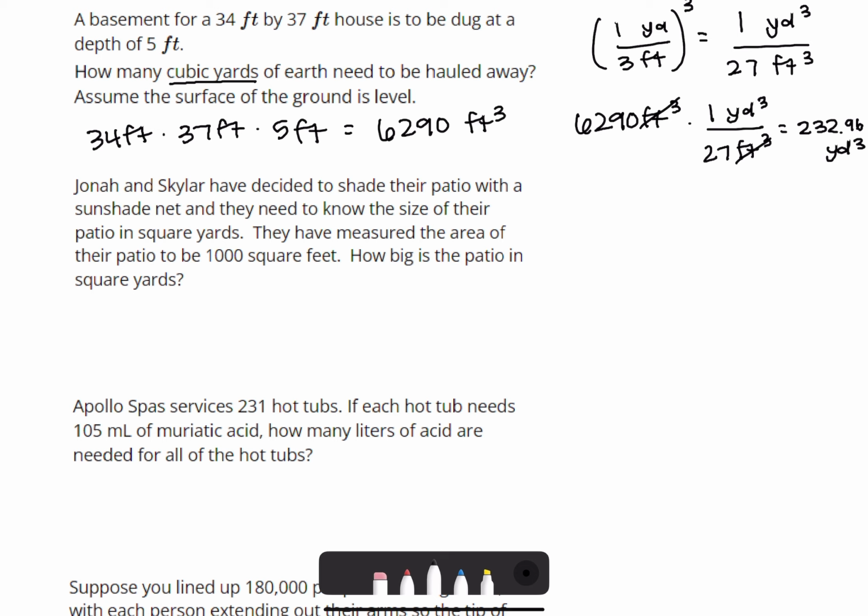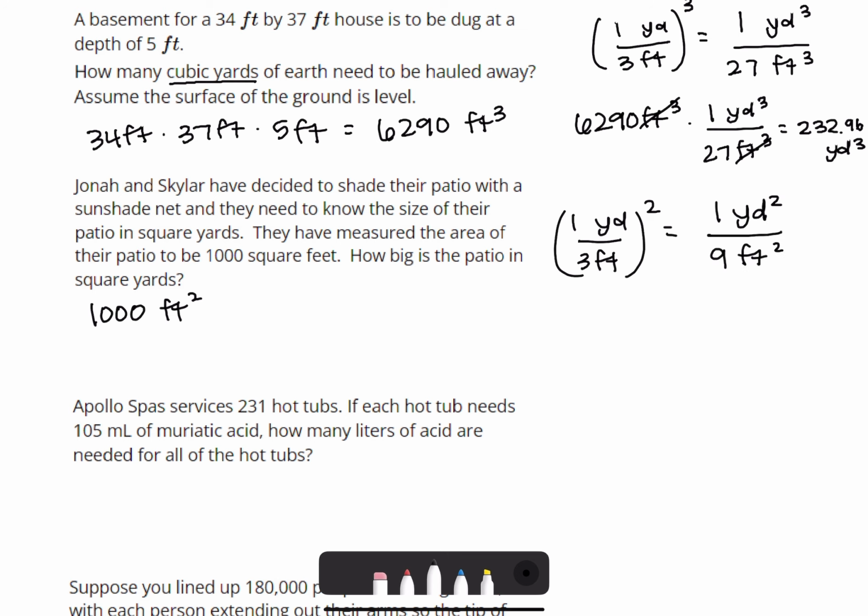Next, Jonah and Skylar have decided to shade their patio with a sunshade net, and they need to know the size of their patio in square yards. They measured their patio to be 1,000 square feet. So again, 1 yard is 3 feet, but if we're talking about square yards and square feet, then 1 square yard is 9 square feet.